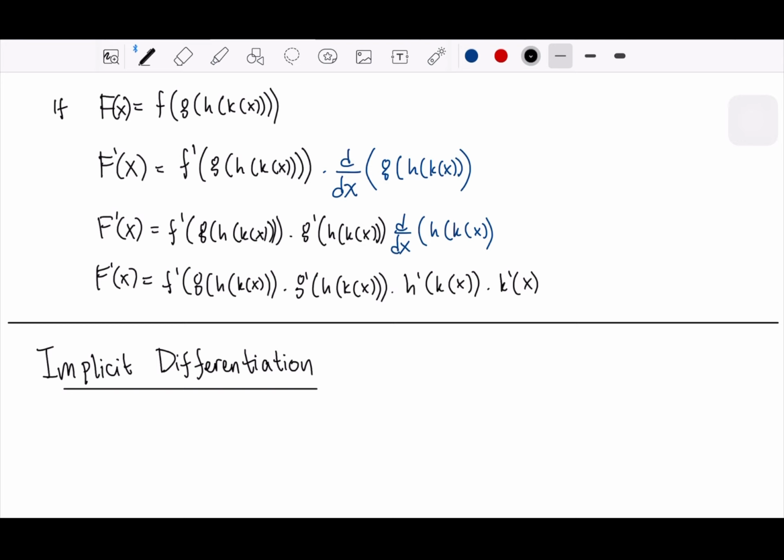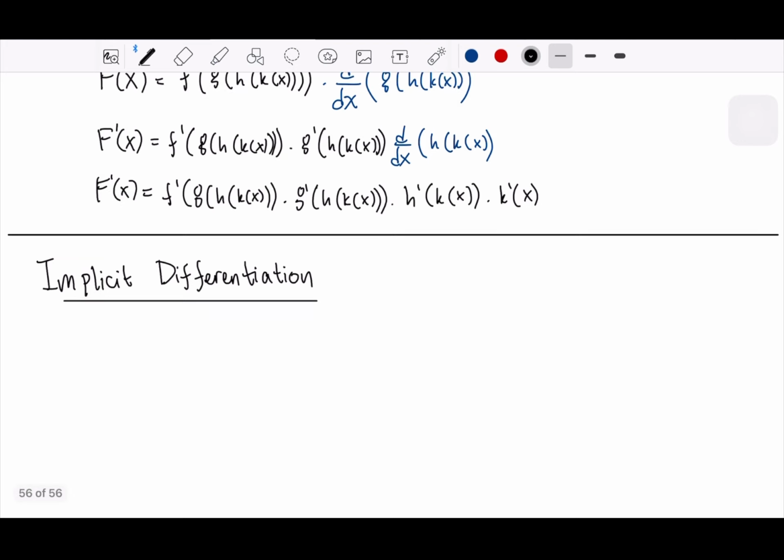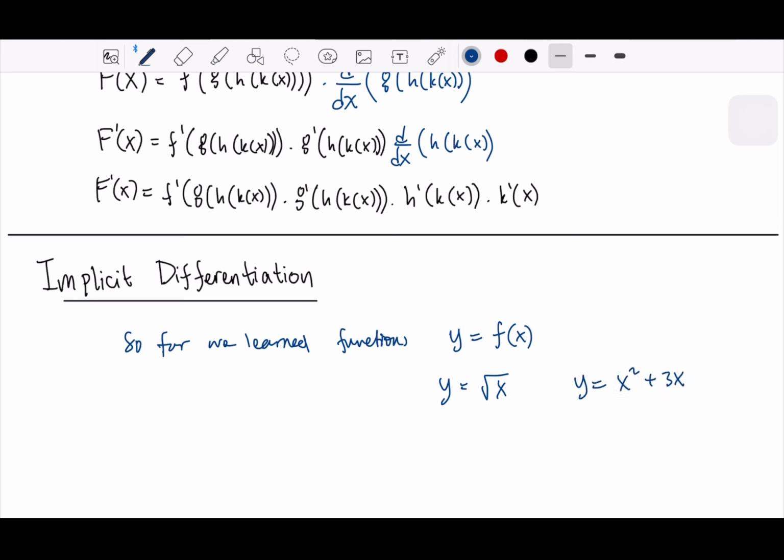Let me write some words here. So far, we have learned functions expressed as y equal to a function of x. For example, y equals square root of x, y equals x squared plus 3x plus 8, or maybe the trigonometric sine x.